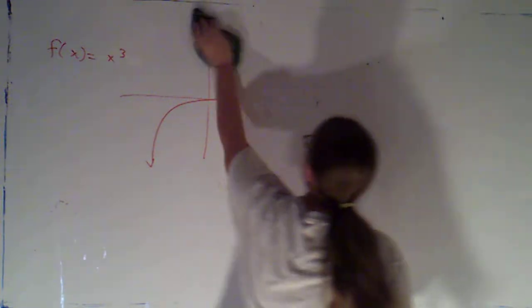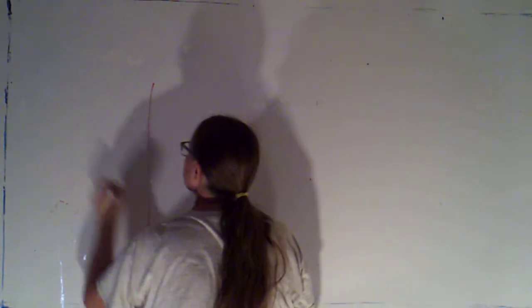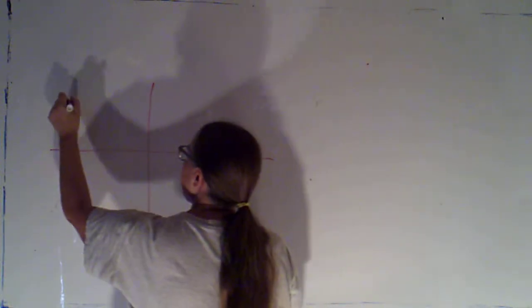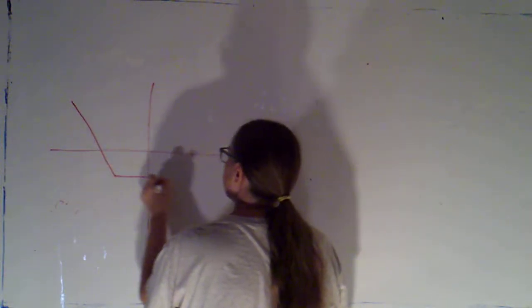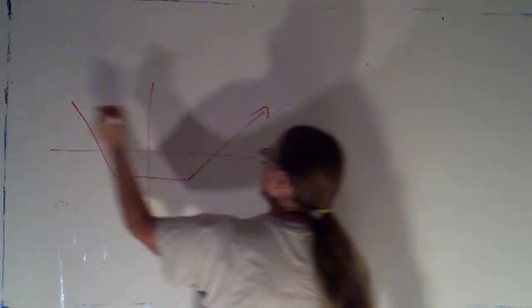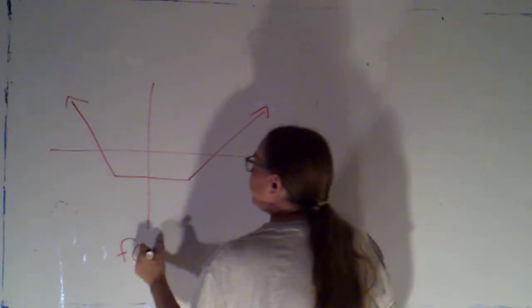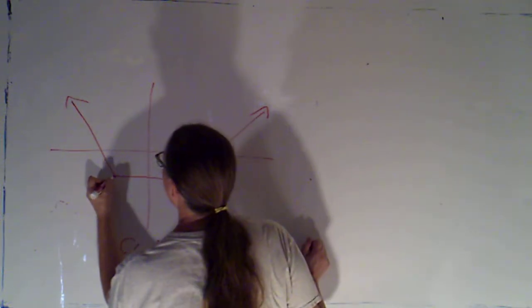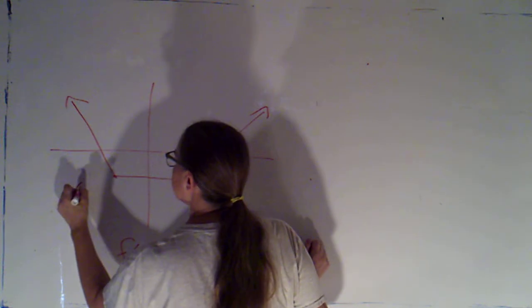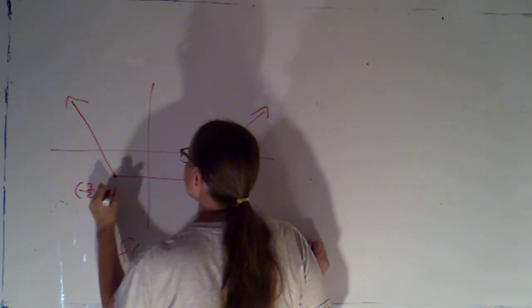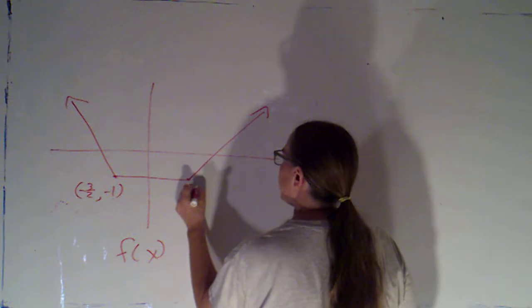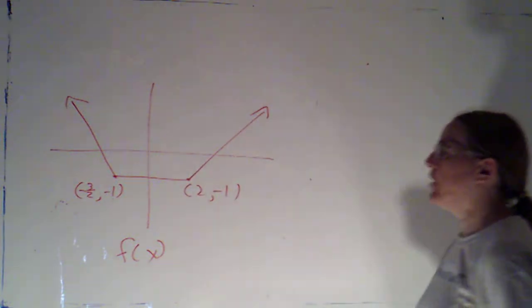So I'm going to just draw in a function that is constant somewhere. Let's just say I had a function that looked something like this. We'll let this be our f of x. And let's just say this is the point negative 3/2, negative 1. And this is the point 2, negative 1.